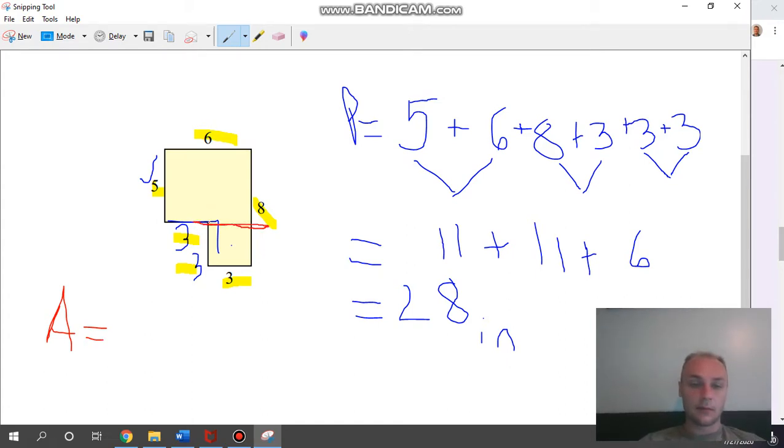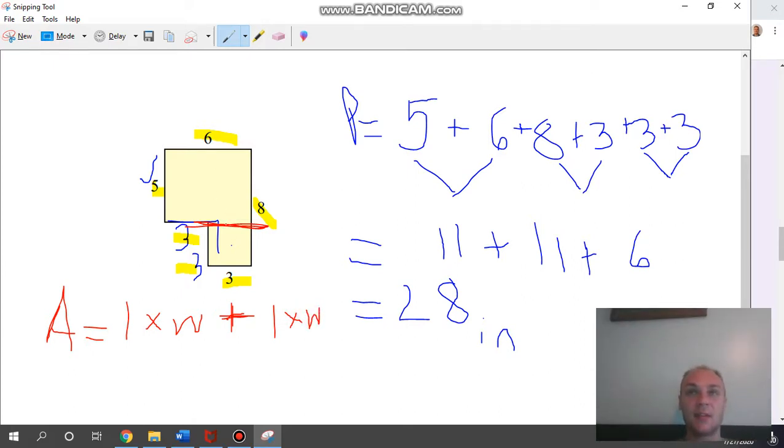So we're actually going to be doing length times width plus, this is the part that gets really confusing, plus length times width. Because we have two different shapes. We have to add them together to find the area, okay? We have to add together both of those areas to find the complete area of our total figure.